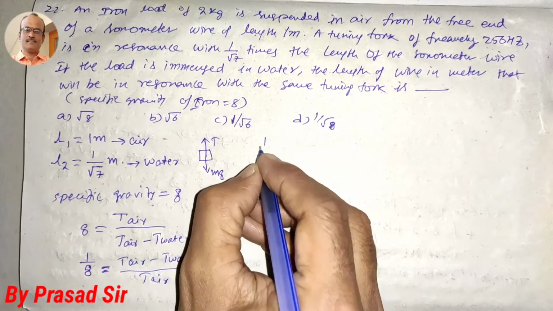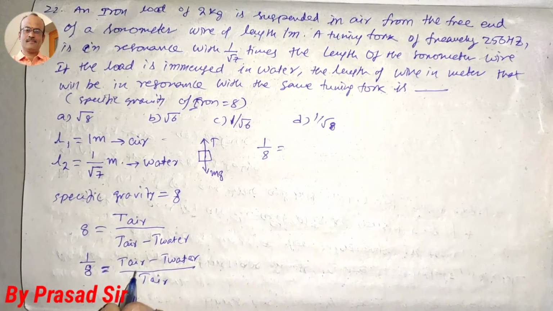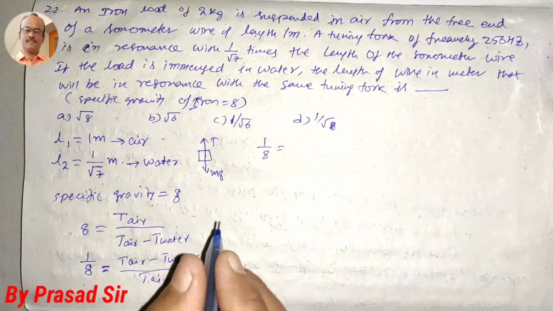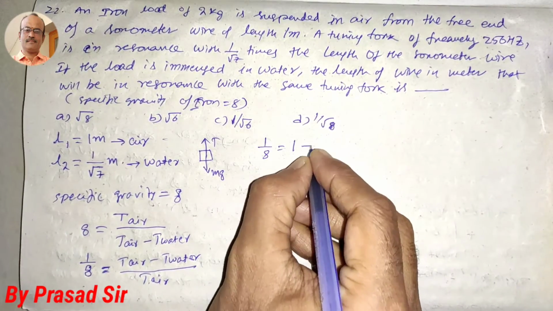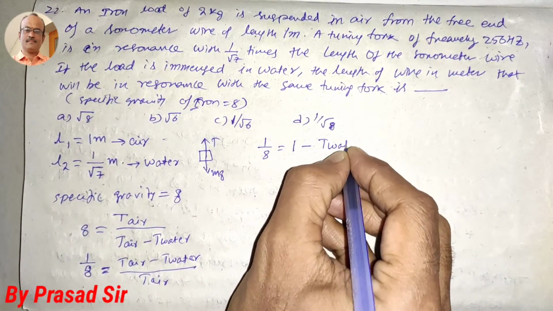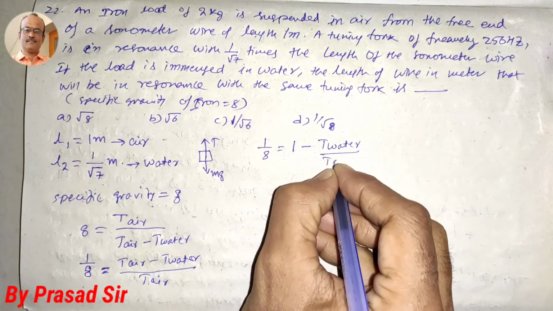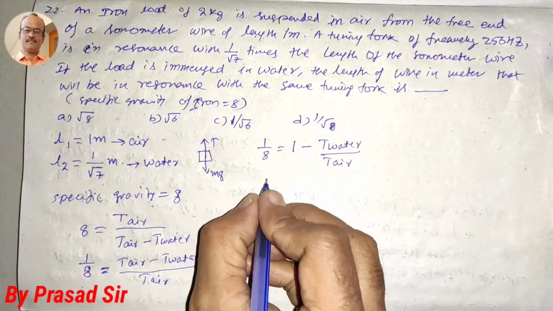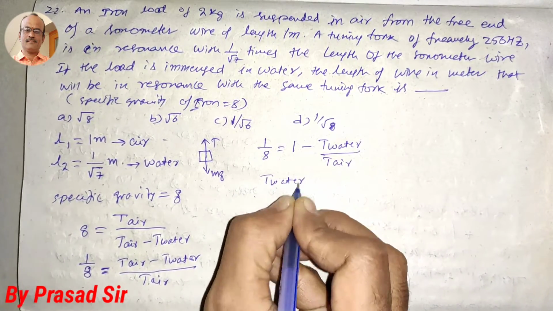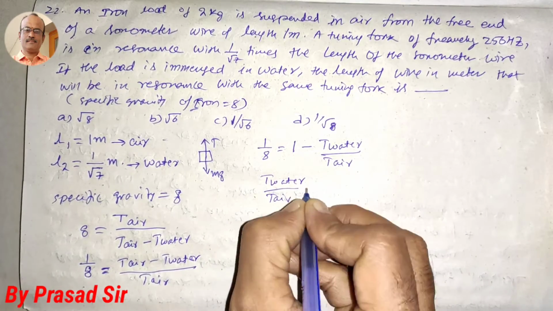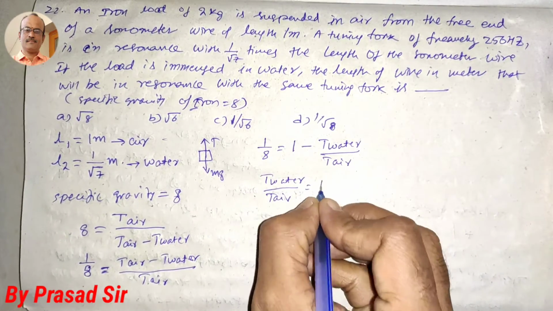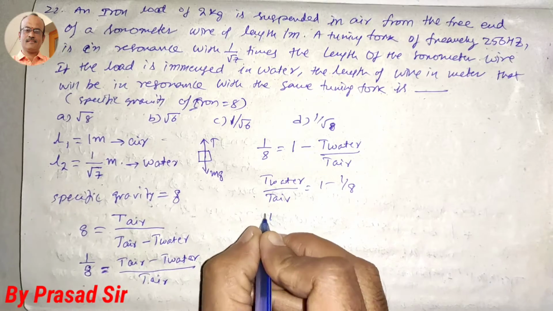So here 1 by 8 is equal to 1 minus T water divided by T air. So T water divided by T air is equal to 1 minus 1 by 8.